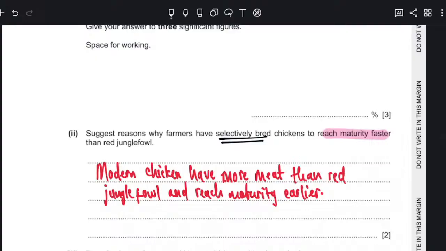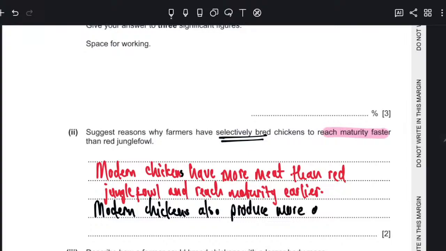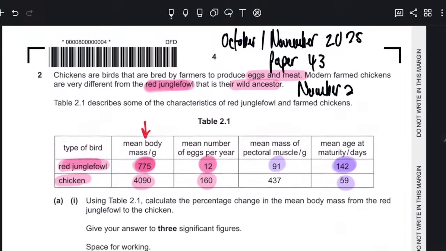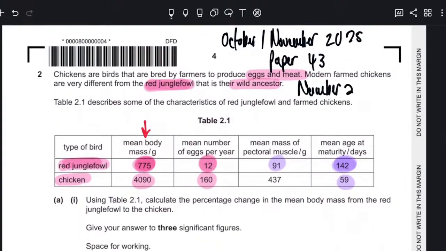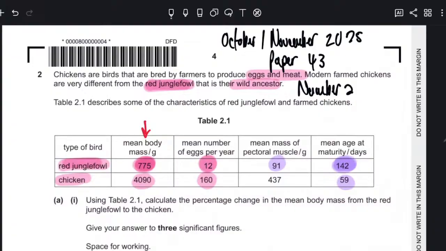This red jungle fowl takes so long to get there and has less meat. Modern chickens also produce more eggs. Here, mean number of eggs per year.